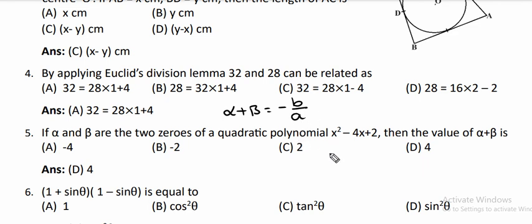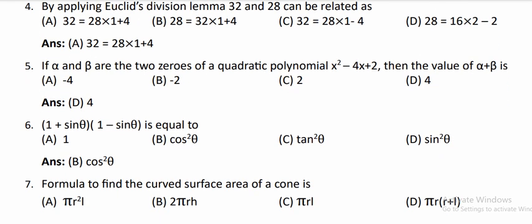Here the value of a is equal to 1, b is equal to minus 4. So therefore we consider this as minus of minus 4 divided by 1. That gives you minus into minus, that gives you plus 4. So this is the answer. Therefore option D is the correct answer for this one. Then we move on to the next question.